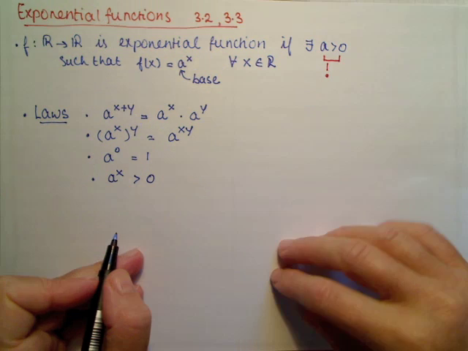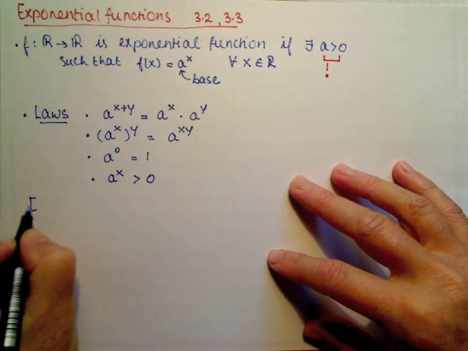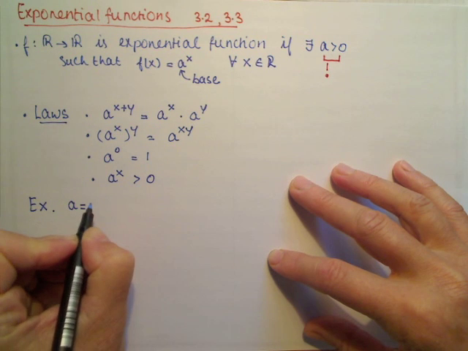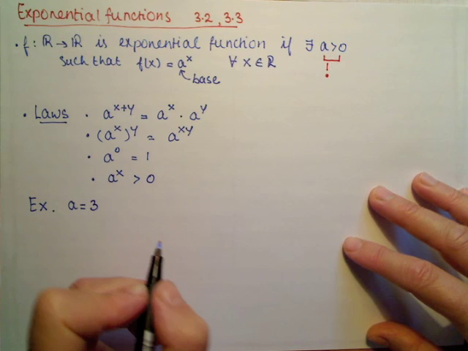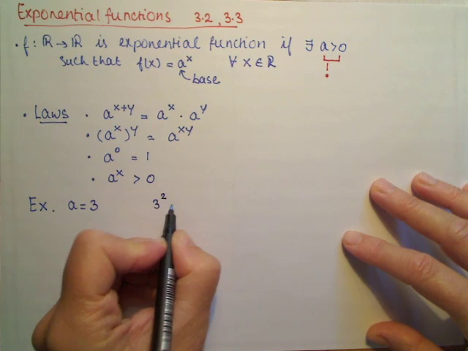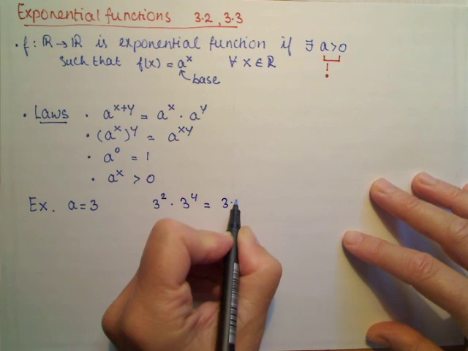To motivate why these laws should hold, we consider examples. Take the example where a is equal to 3, and let us consider x and y equal to 2 and 4. Say we have 3 to the power 2 multiplied by 3 to the power 4. What do we get if we do 3 to the power 2?